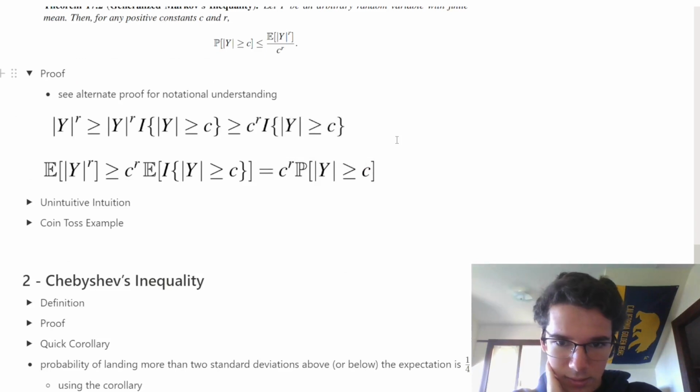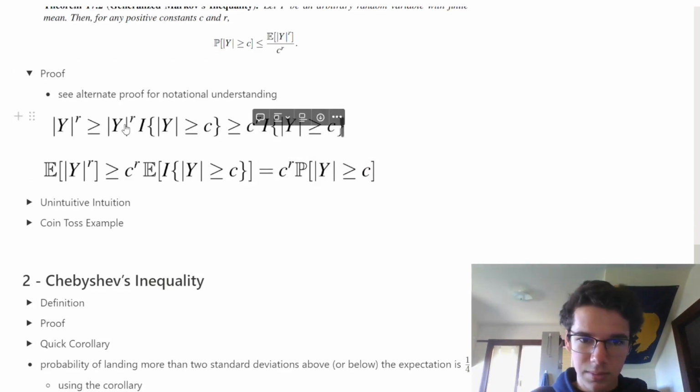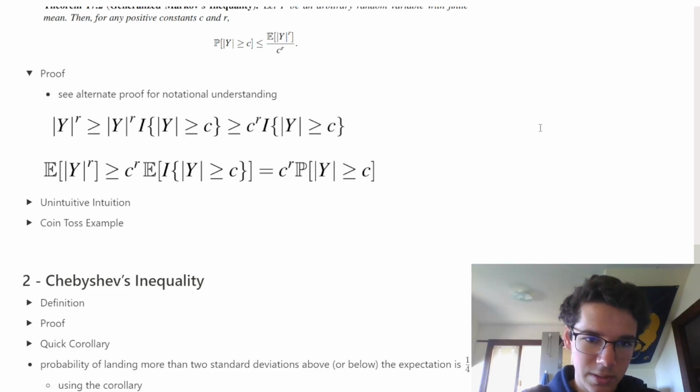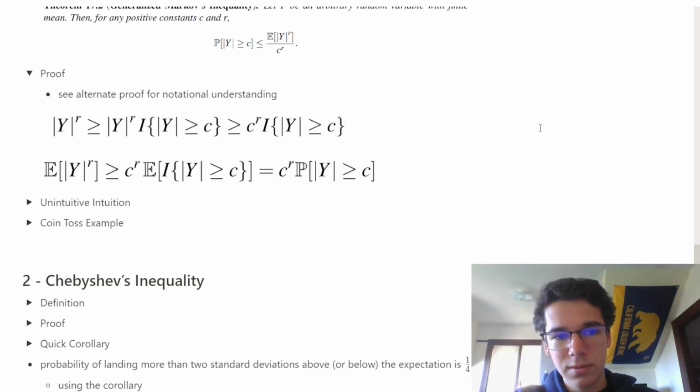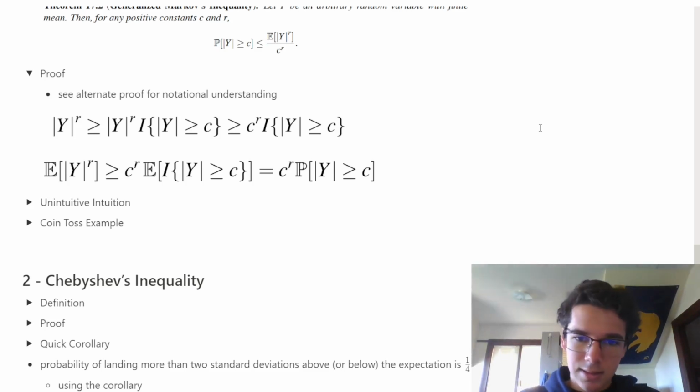Honestly, I don't really know why this middle term is here. I think we can just look at the leftmost term and the rightmost term. The leftmost term is saying that the absolute value of our random variable to the r is greater than or equal to c to the r times the indicator variable. So what is it saying?